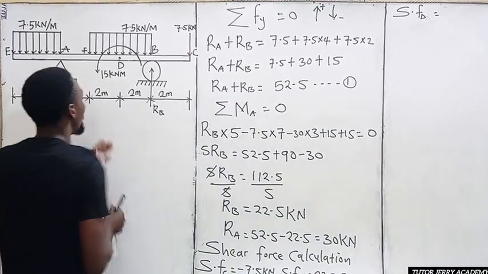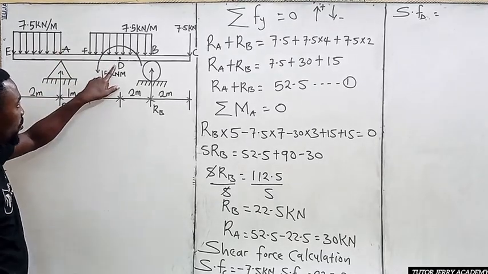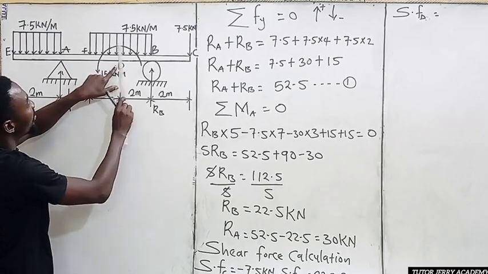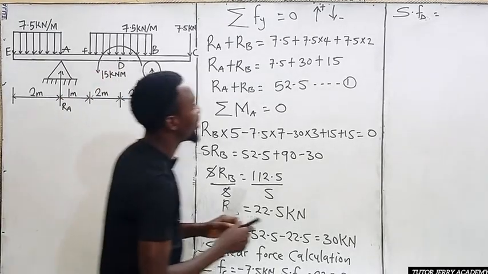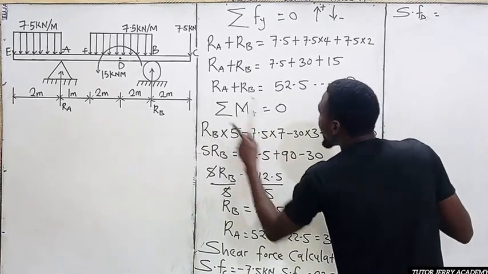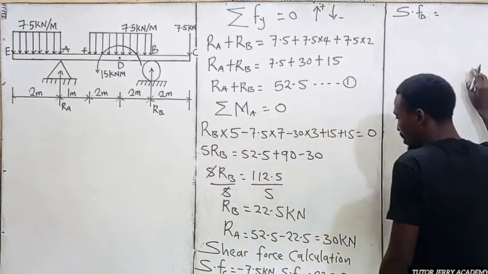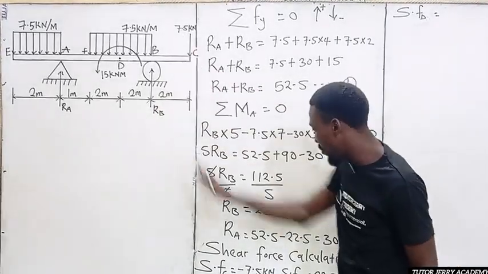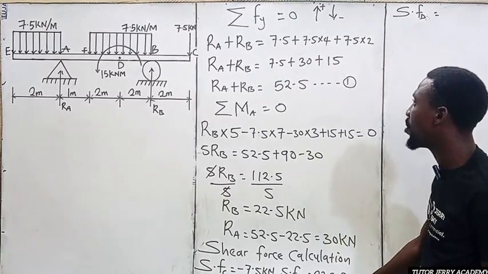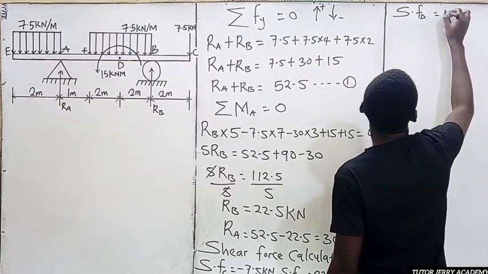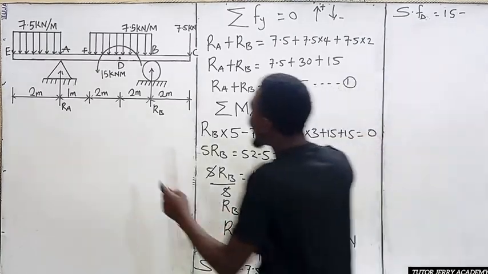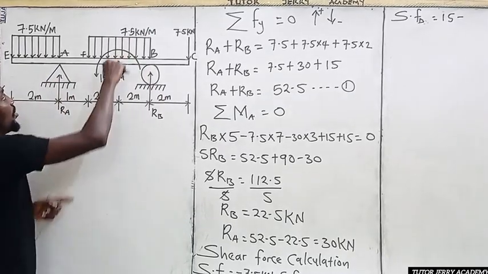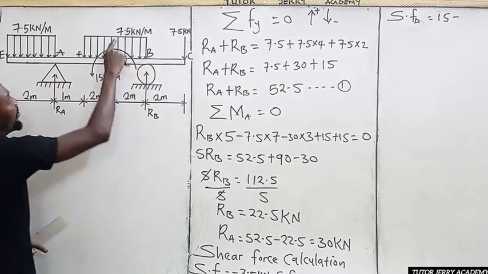Because if you start at point D, we have a uniform distributed load here. So let's just take that one after the other. We have our RB minus 7.5, which we've already gotten here to be 15. So we are going to have 15 minus, then if you look at between point D and B now, we have a uniform distributed load here, which we are going to convert to a point load.